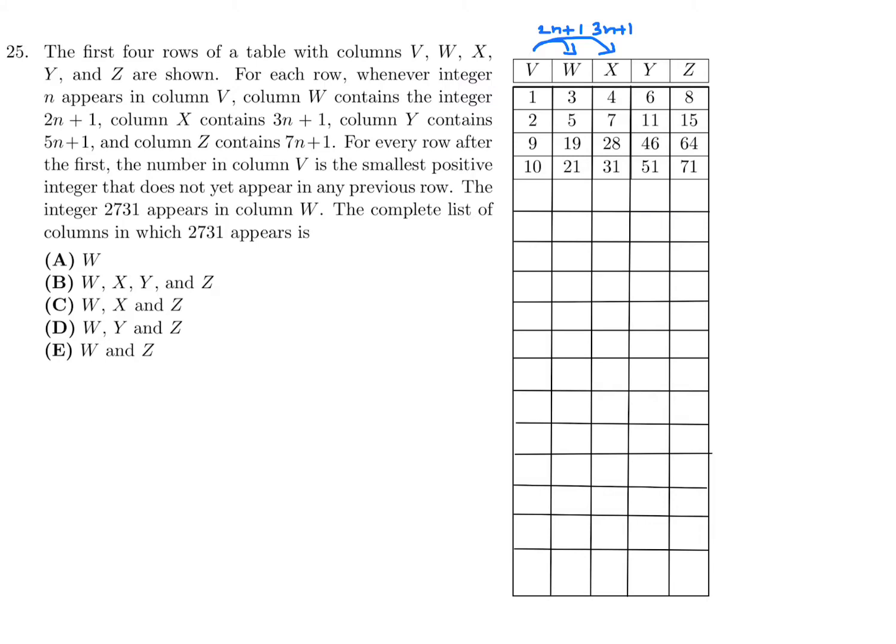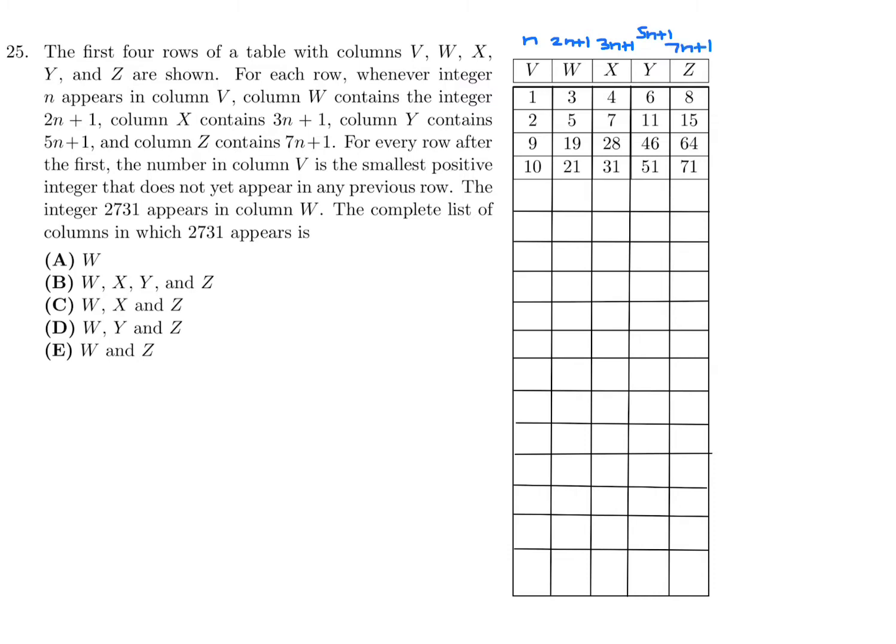Right? And then from V to Y is 5n plus 1. And finally, from V to Z is a 7n plus 1. So basically, if you write it out, it would just be as follows. N would be here, and then this would be 2n plus 1, 3n plus 1, 5n plus 1, and 7n plus 1, like that.